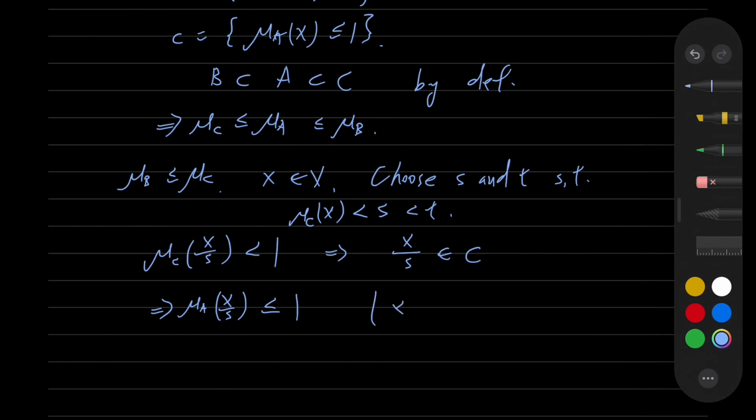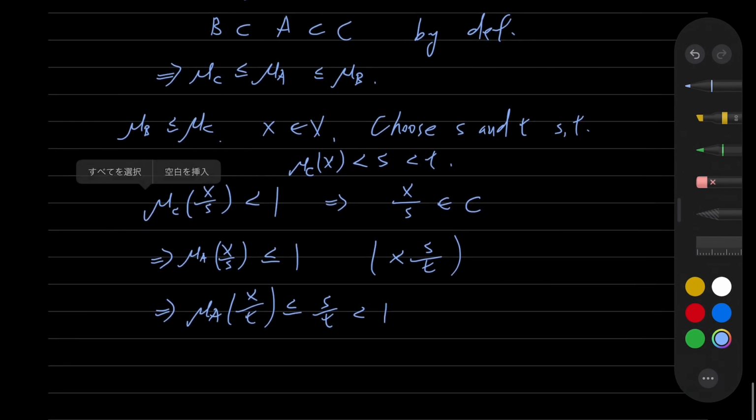Now we multiply it by s over t. We get mu A of x over t is smaller than or equal to s over t, which by the choice we made is smaller than 1. So this proves that x over t is inside B.